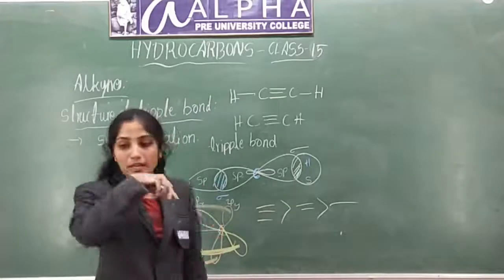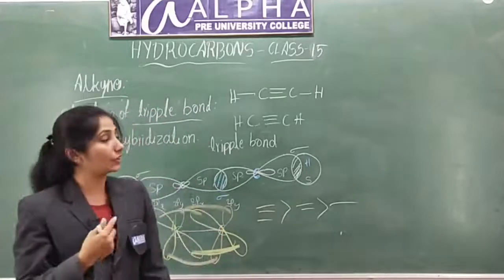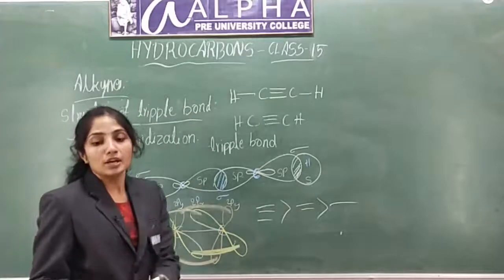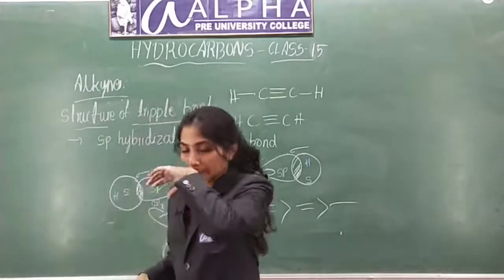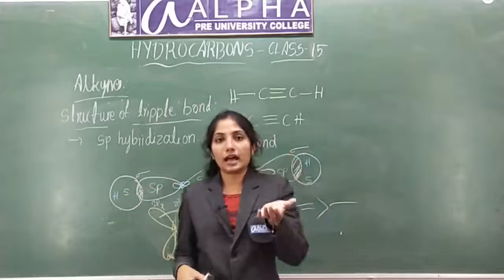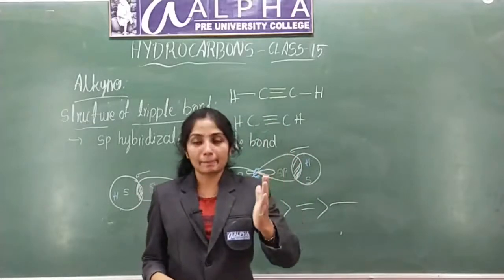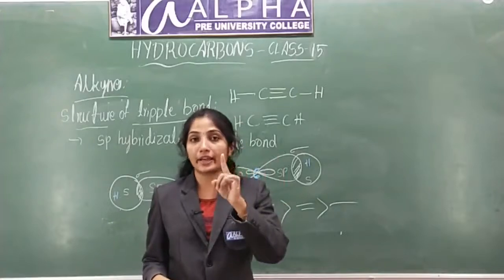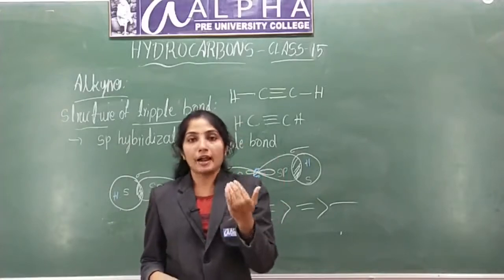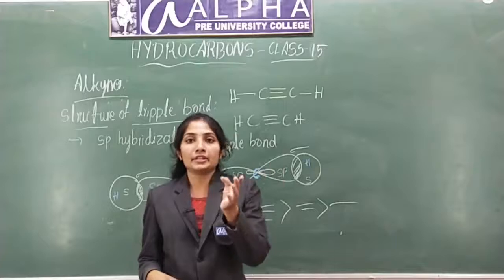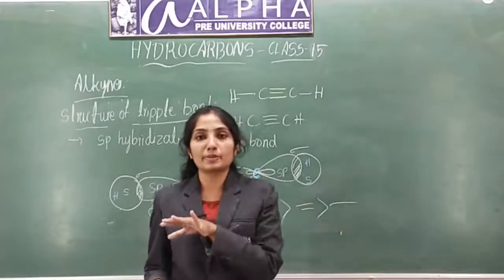This is about the structure of the double bond and the structure of the triple bond. So what have we studied? Alkynes contain a minimum of one carbon-carbon triple bond. Its general formula is CnH2n-2. Remember this. And we have studied the nomenclature: the ane of the corresponding alkane is replaced by yne.